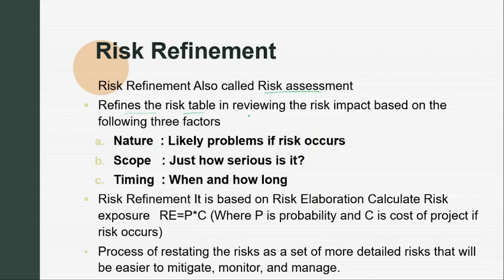In reviewing the risk impact based on what we have done, it was on nature, scope, and timing, isn't it? Just now we have seen the three factors, that is nature, scope, and timing. Nature is the likely problems if the risk occurs. Scope is how serious it is. Timing is when and how long the risk will occur, isn't it?